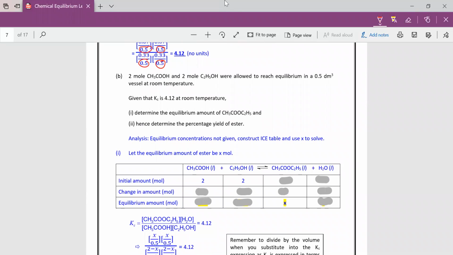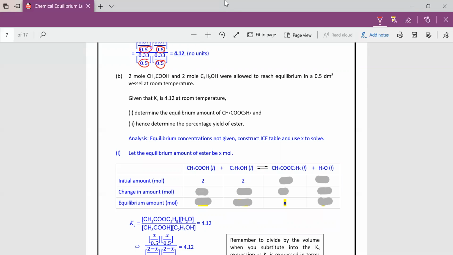Okay, so let's look at part B. The same equilibrium. Now we're starting with 2 moles, again in the same volume vessel. Given that the Kc is 4.12, what we calculated earlier, determine the equilibrium amount of the ester. The equilibrium amount we're not given now, so we just let it be x.